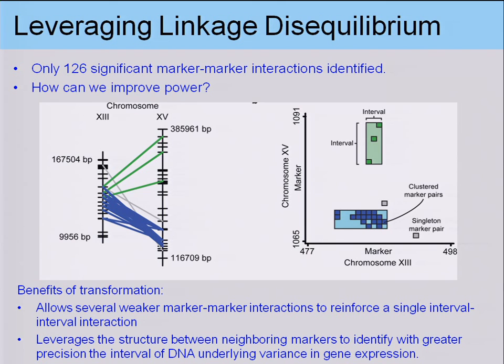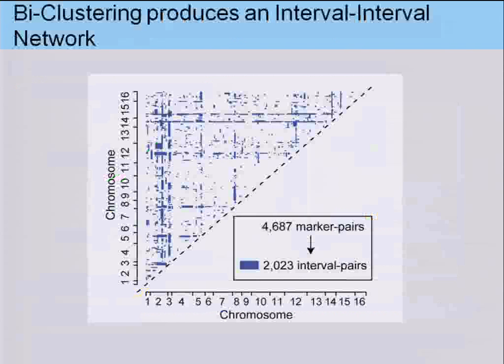Essentially, this is a biclustering of these rows and columns, and we designed an algorithm to exhaustively look at all possible rectangles, every single possible rectangle up to a maximum size, and so we were able to transform 4,687 marker interactions into about 2,000 pairs. So now we have a natural interval network, and we can ask really biological questions. Can we elucidate complex interactions, and how similar is this network to synthetic ones?